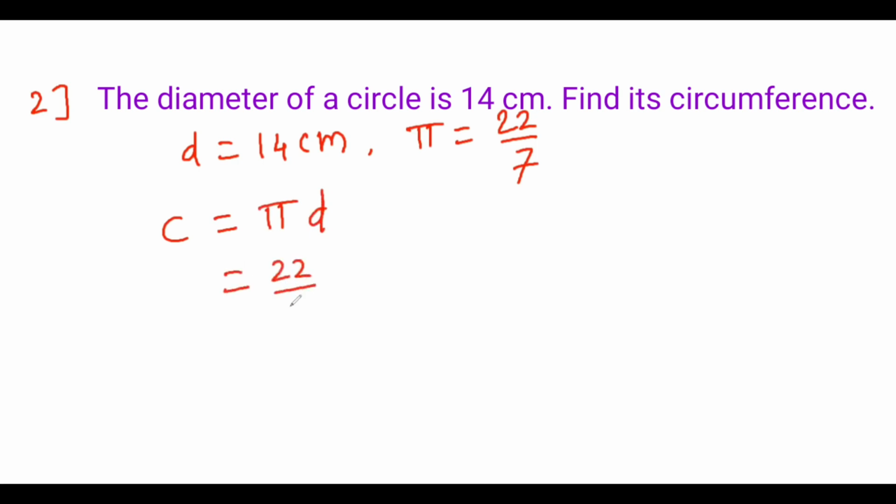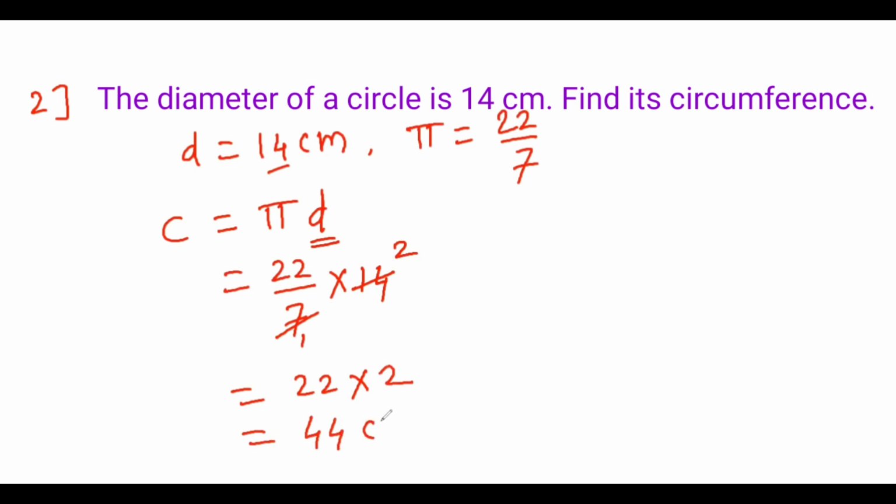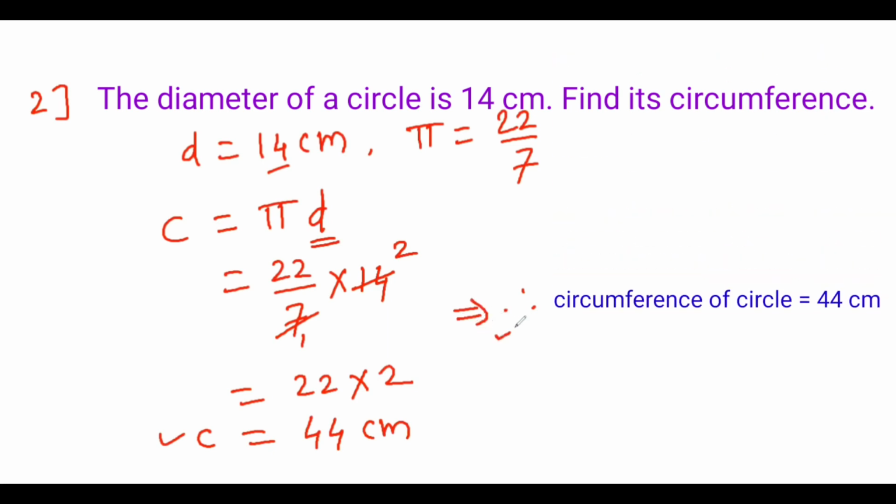C is equal to pi d. We put in the value 22 upon 7. Value of diameter is 14. So into 14. 7 2s are 14. So 22 into 2. We will get the answer 44 centimeter. The unit is centimeter. So the circumference of the circle is 44 centimeter.